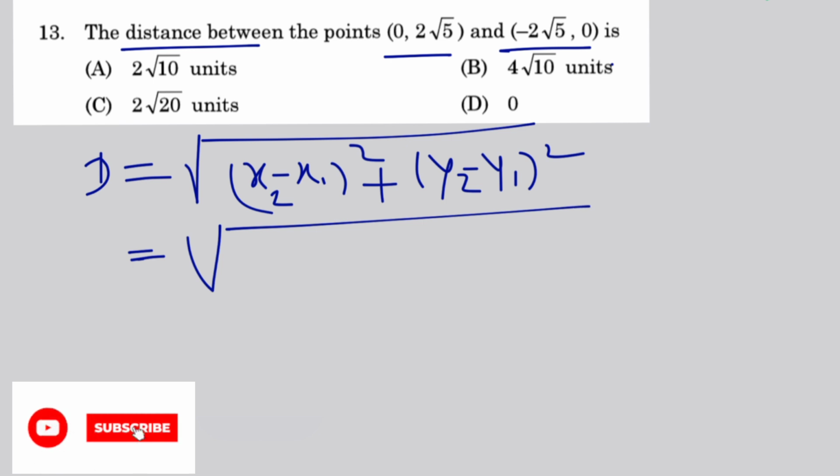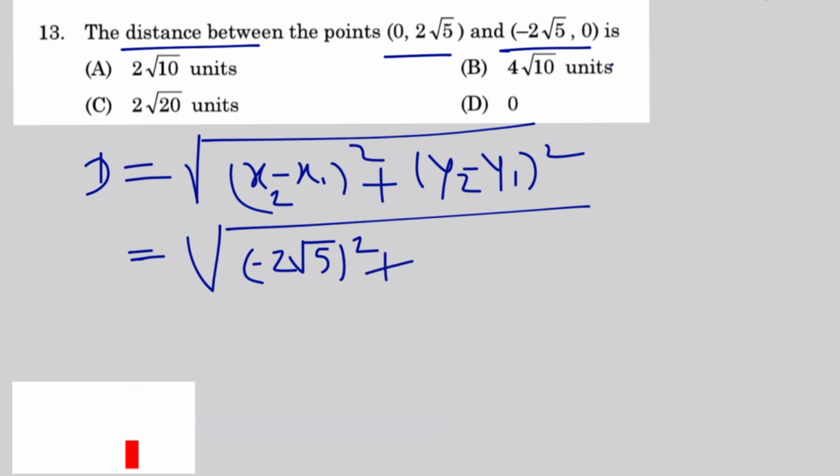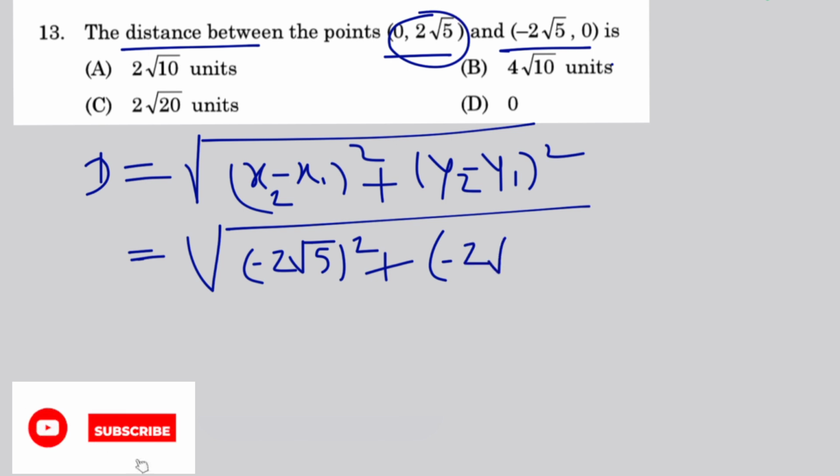Okay, x2 I will take, that is minus 2 root 5. What is x1? That is 0 here, so it will remain as it is, plus y2 is 0. So what will be remaining here? y1 is 2 root 5. So I will write here minus 2 root 5, because it is y2 minus y1.